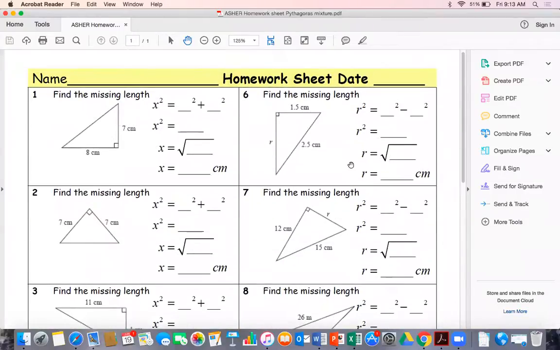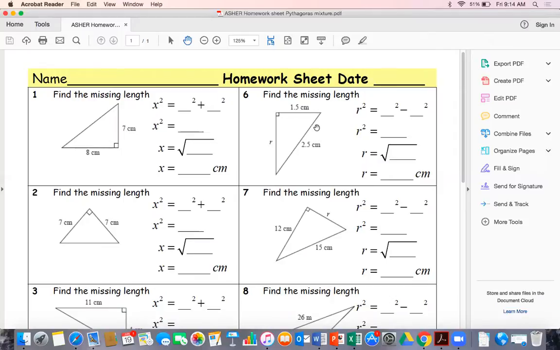Okay, number 6. Morning, sir. Morning. Jared, 2.5 squared minus 1.5 squared equals 6.25 minus 2.25 equals 4. And square root of 4 is 2 cm. So you should get 2 cm. So you put 2.5 first? You cannot put 1.5 first.